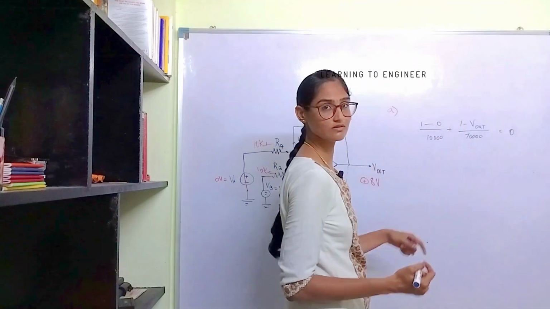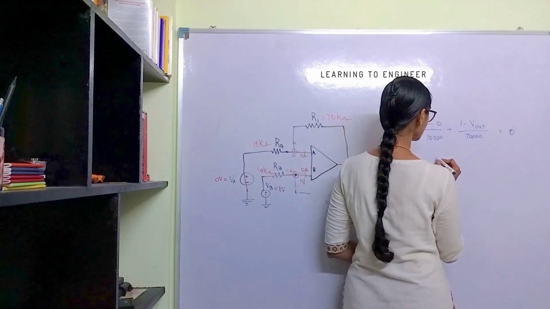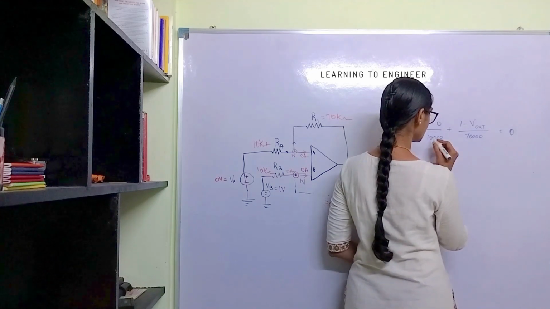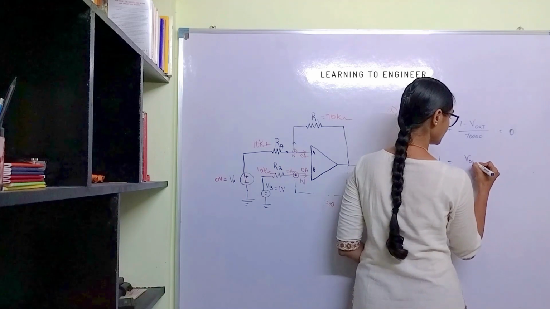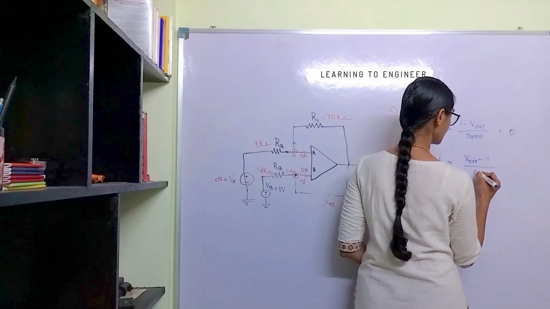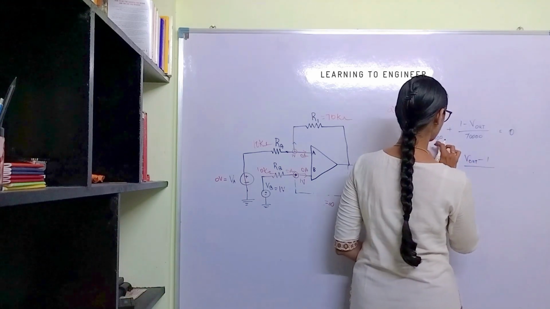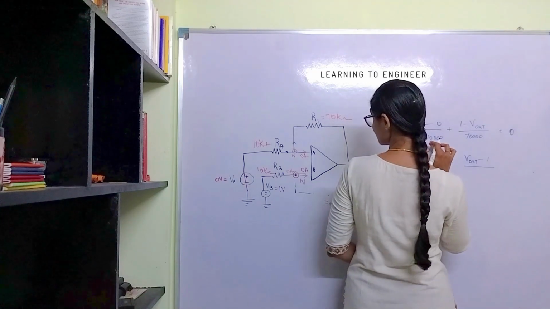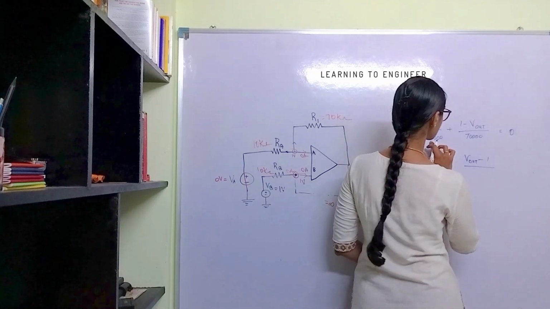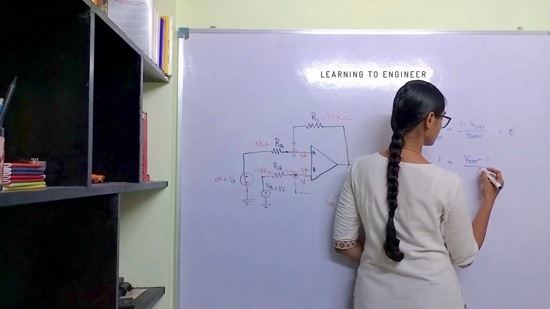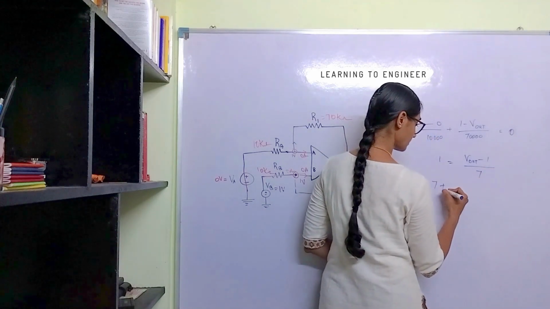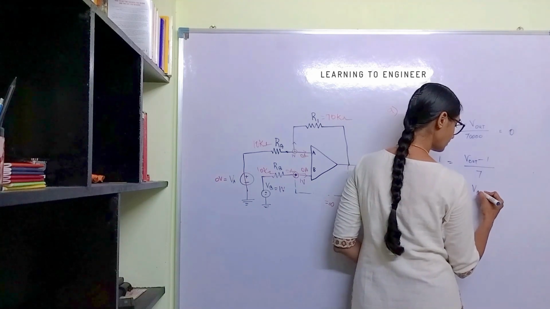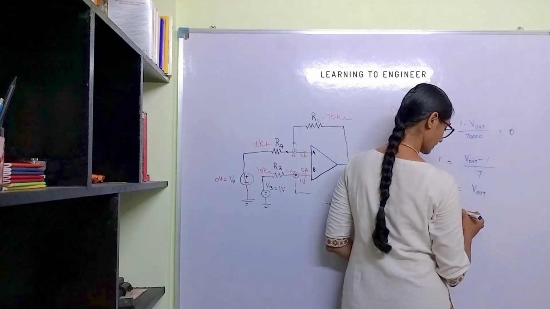Now let's find out the value of output voltage. If you simplify, it will be 1 is equal to (V out minus 1) divided by 10,000 times... so this will be 7. So 7 plus 1 is equal to V out, which is equal to 8 volt.